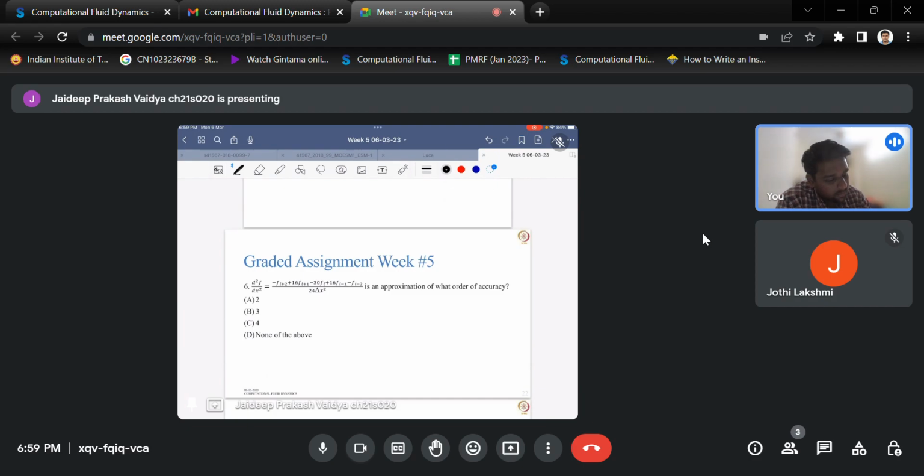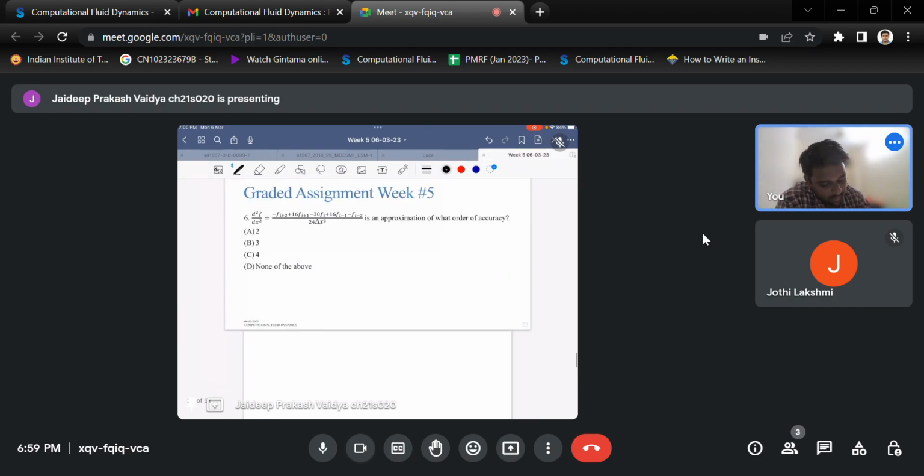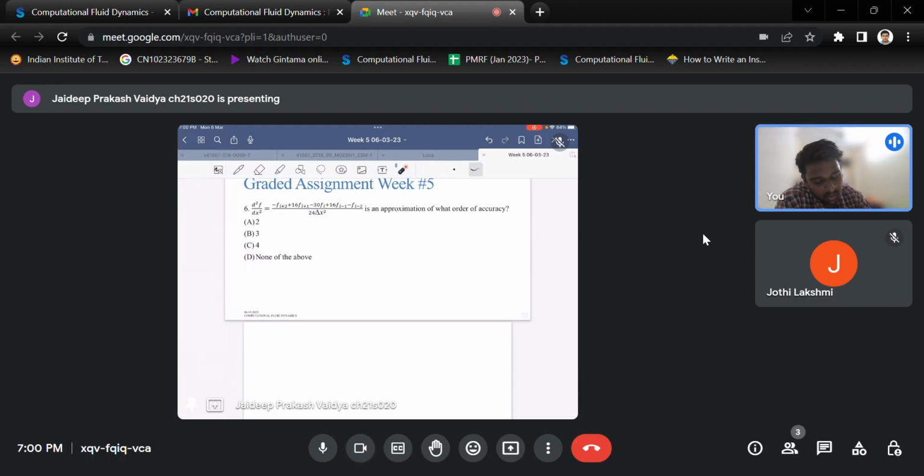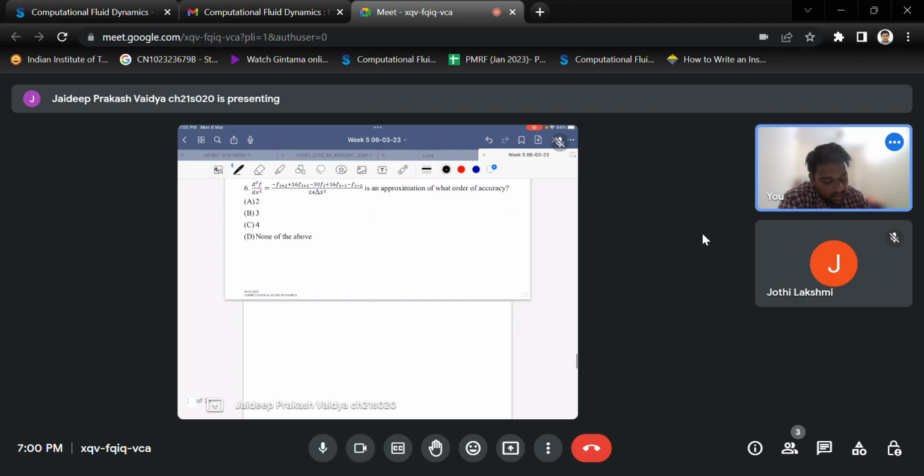Okay, moving on to the next question. We have been given a second order differential, d square f by dx square, and using this we need to find out to what order of accuracy this is good enough. Whenever we write the second order derivative in terms of more function values, at the ith and i plus first point, basically we are writing the differential at a point based on the ith point, i plus first point, i minus 1 point, and i minus 2th point.